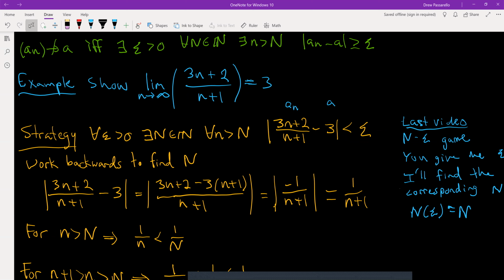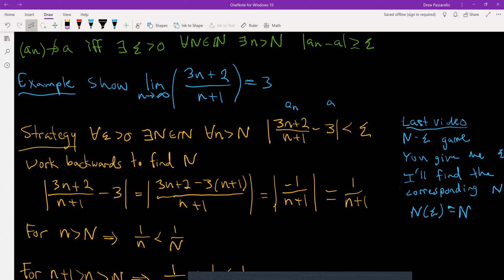So we start with our absolute value and basically do some algebra. I combine it into one fraction. I made 3 have n plus 1 as its denominator, so you multiply top and bottom by n plus 1. That's why you have 3n plus 2 minus 3 times (n plus 1) over the common denominator n plus 1.